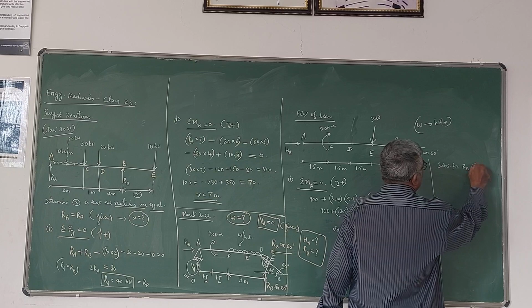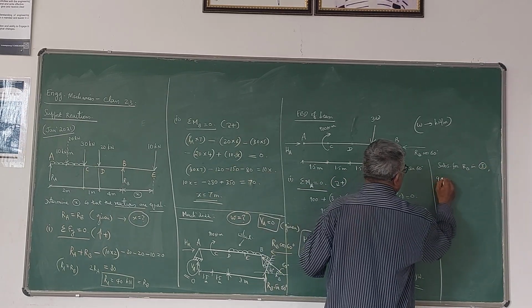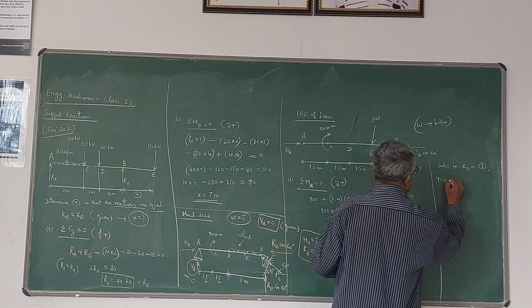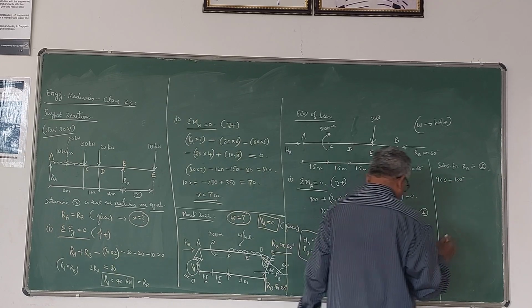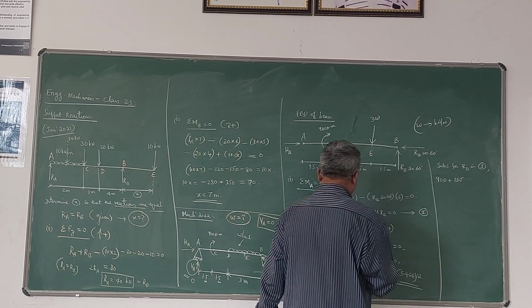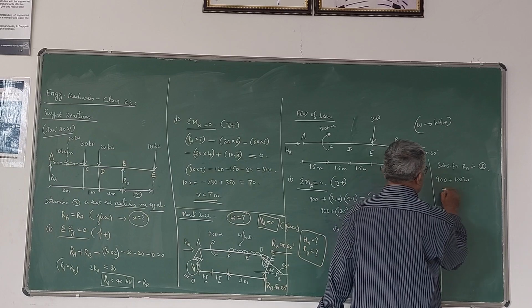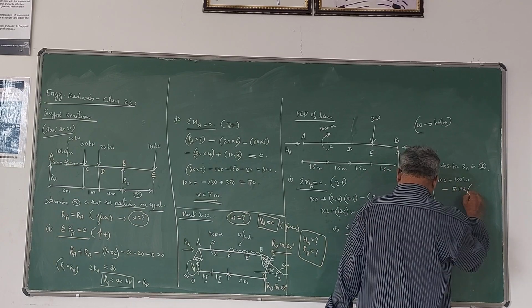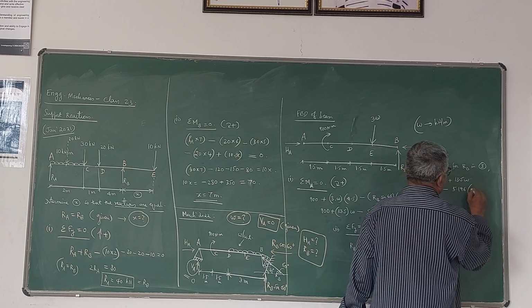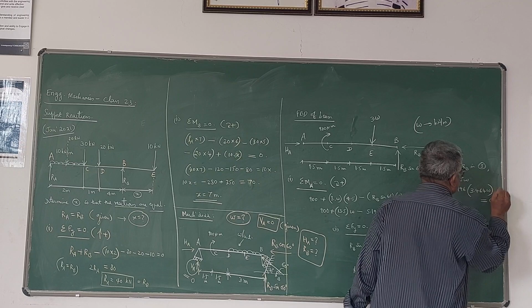Substituting for RB in equation 1: 900 plus 13.5 W, I will keep it as it is, minus 5.196 into RB, which is 3.464 times W, is equal to 0.